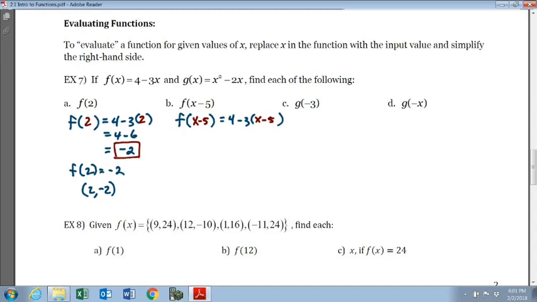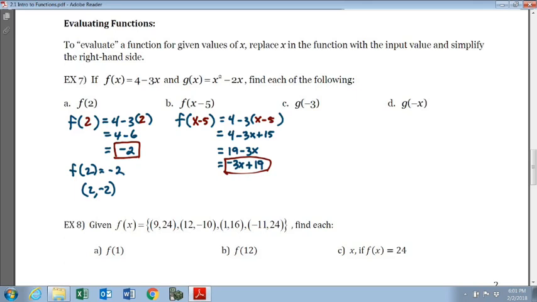Now we have a little simplifying to do on the right side. I'll distribute, and then combine the 4 and the 15. We end up with 19 minus 3x, or you could write it as negative 3x plus 19. So my input was x minus 5, and my output was negative 3x plus 19. It doesn't have to be a nice number like what we got on part A.